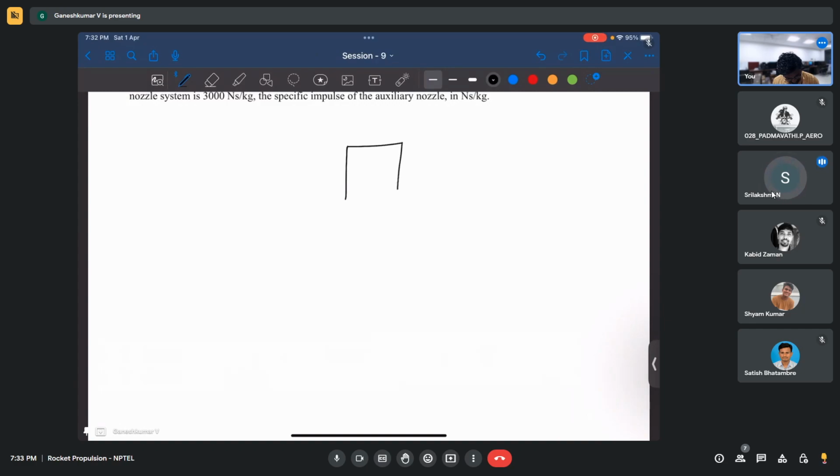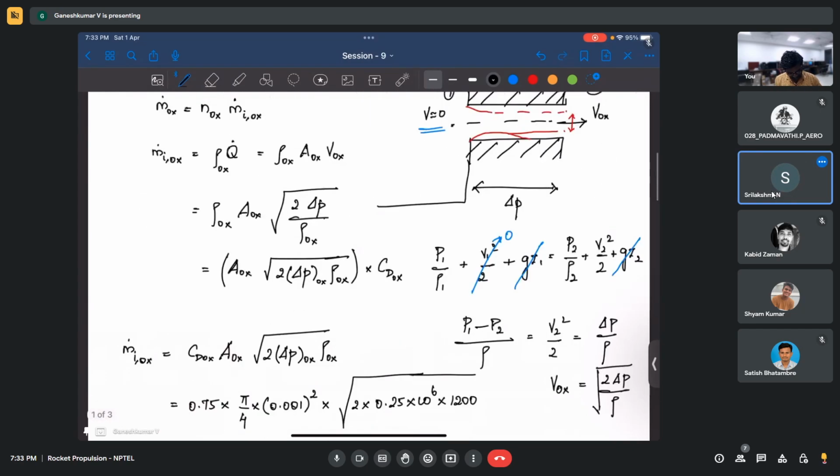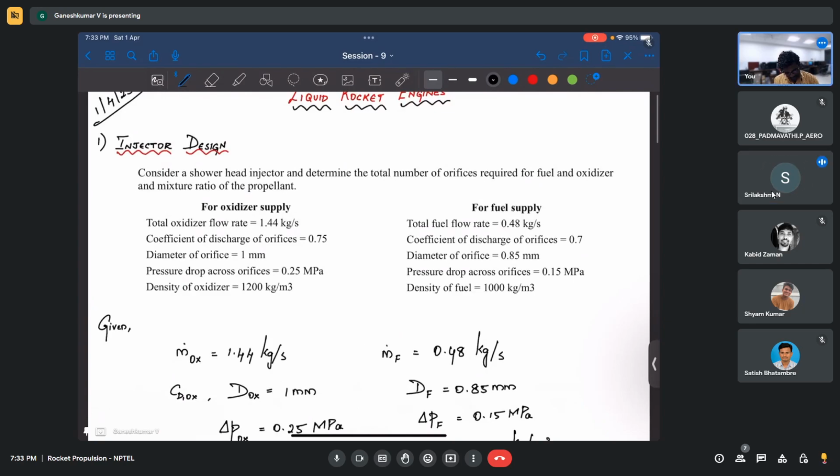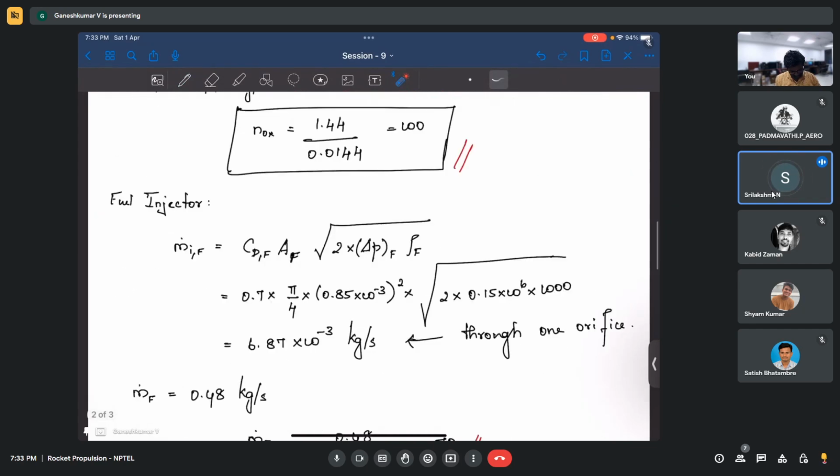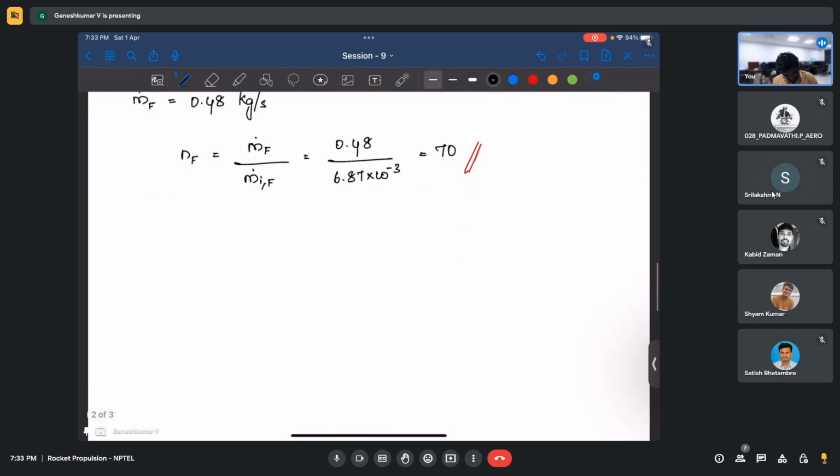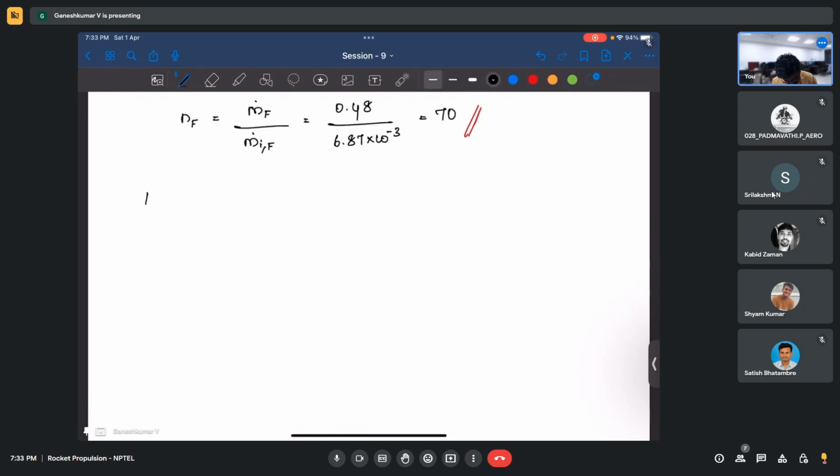One more part of the problem in question number one: the mixture ratio. I thought you could easily figure it out. That would be just 1.44 by 0.48. Sorry, I missed it. So what is the mixture ratio?